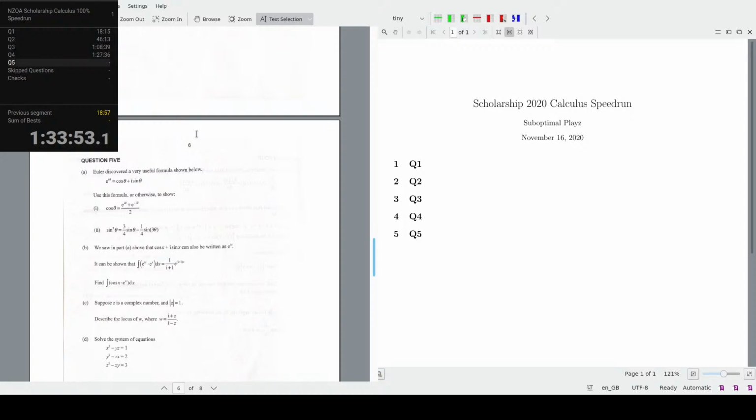Does that formula work for negative i as well? Because if it does, that would be pretty silly.